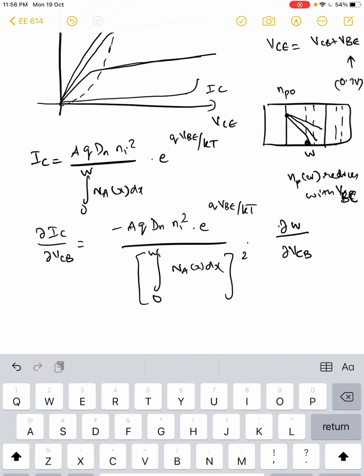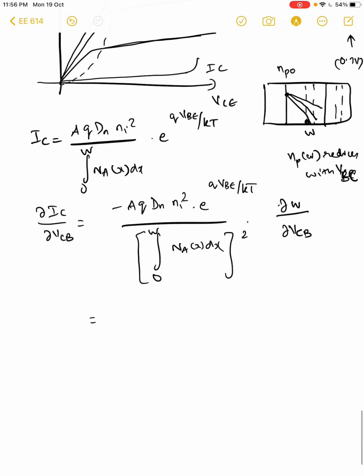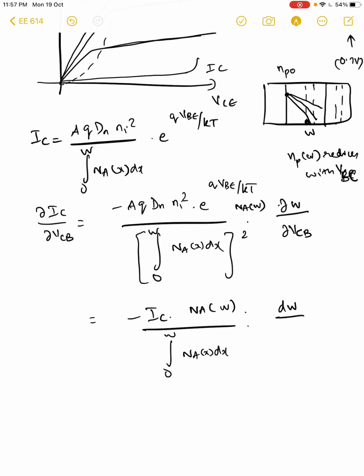And this will turn out to be, I think I will have another NA of W. This will turn out to be minus Ic NA of W by PCB. Of course, this is Q, right?